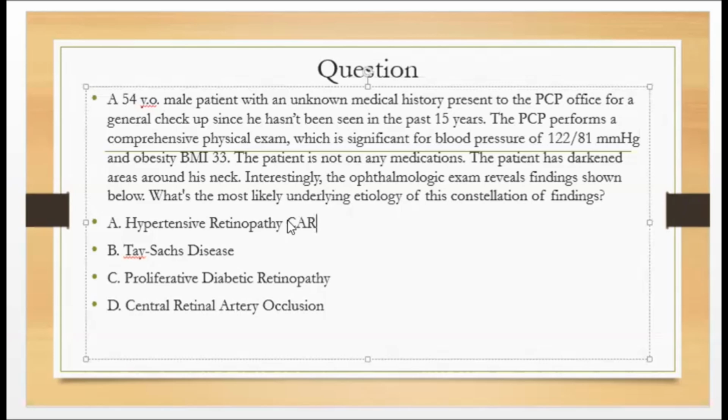So from this question, they're telling us the patient is obese. There is something about this person having a darkened area around his neck. And we say that is always common in people that are diabetic, people that have metabolic syndrome. Remember, diabetes always goes with metabolic syndrome, and metabolic syndrome always goes with obesity.